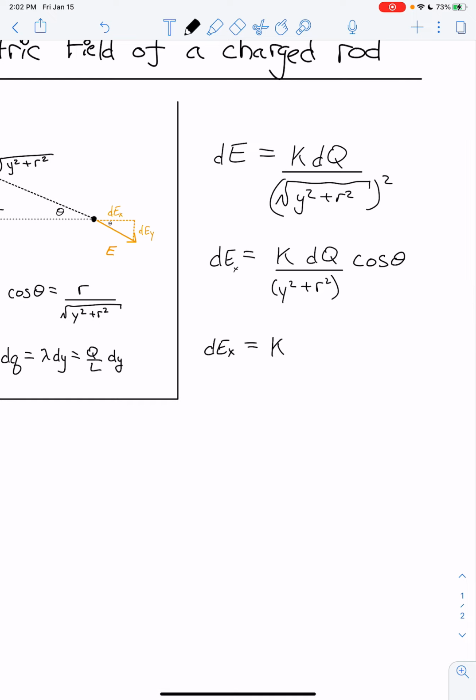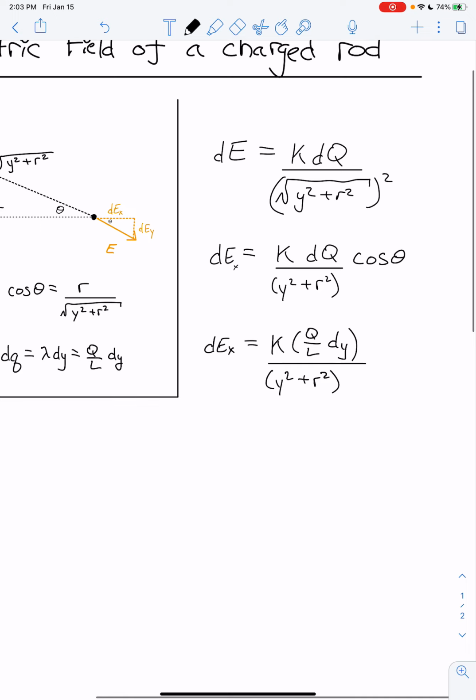Okay, so our dq is going to be q over L dy. And that's all over y squared plus r squared.